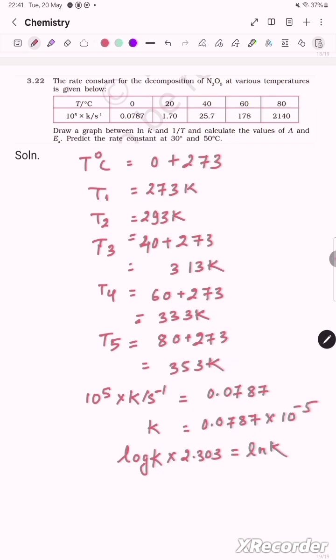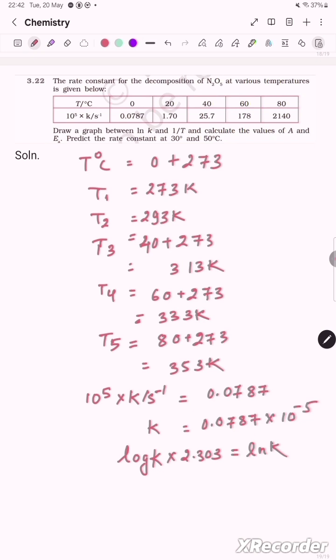Now next, first of all we calculated temperature in Kelvin. Here we need 1 by T, that means the inverse of the value.